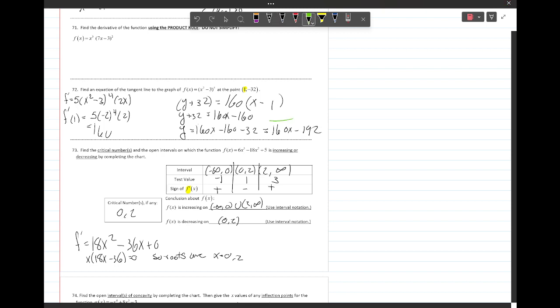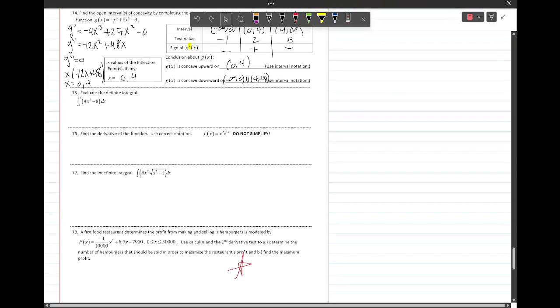You may or may not have to do this part where you simplify it all the way down into slope-intercept form. I'm just doing that now to show you how you do it if you had to.